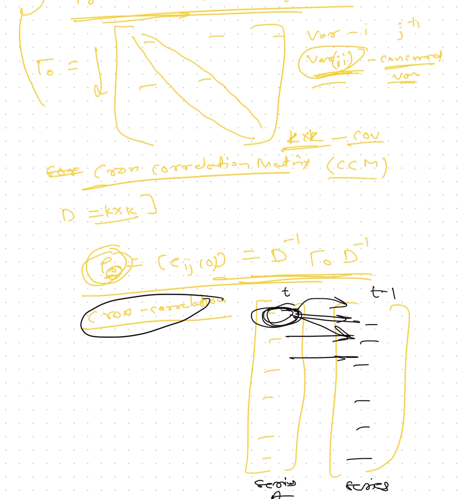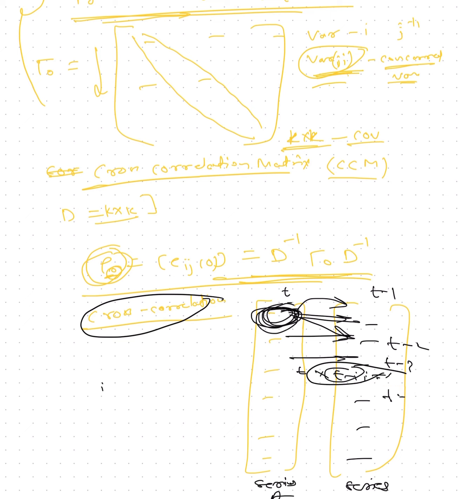Similarly, it happens for t minus 2, t minus 3. So it tries to find the correlation between all the observations at t and t minus i. Your value of i can range from 0 to 3.